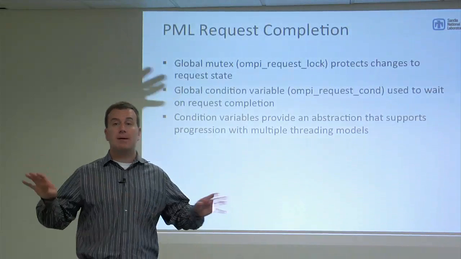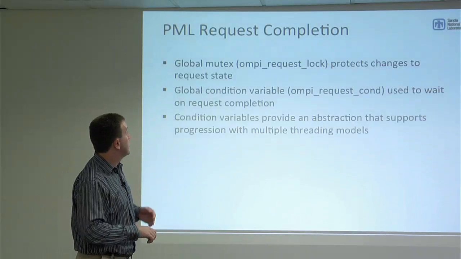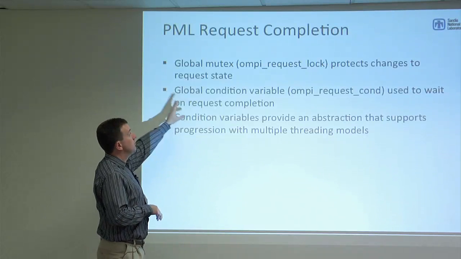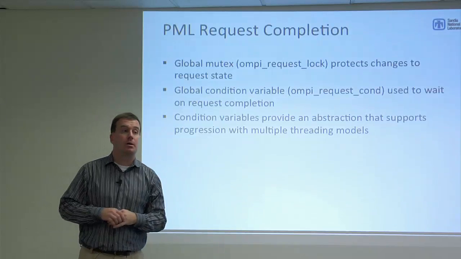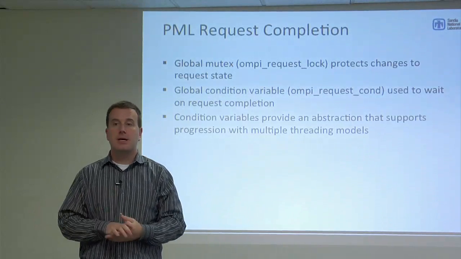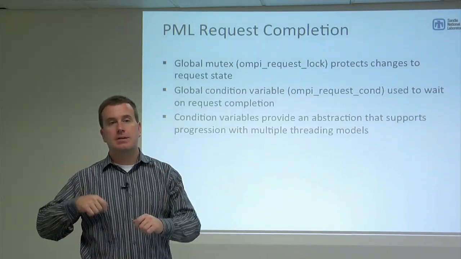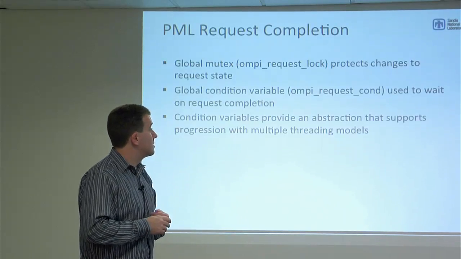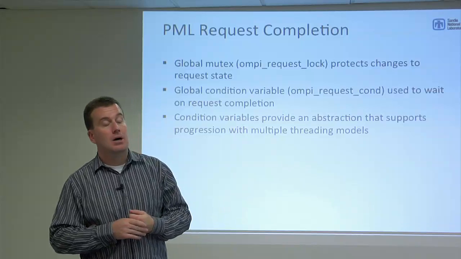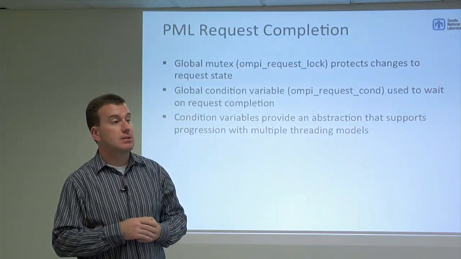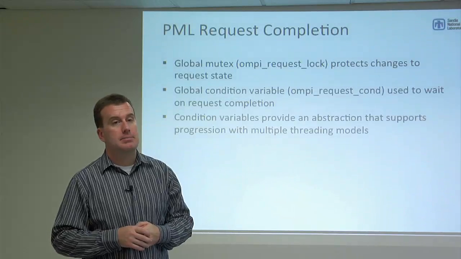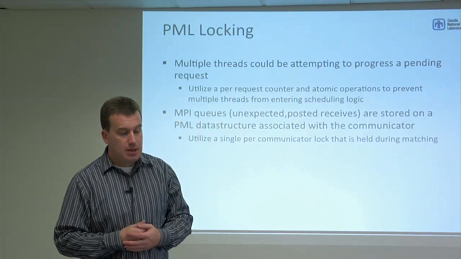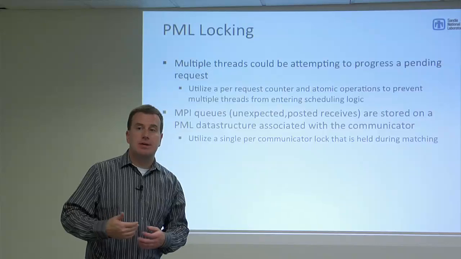So in terms of what happens with threads, places that you have to be careful with threads if you're looking at PML code, the requests have one giant lock around them. And so when you want to complete a request, you have to get the lock, modify the request, release the lock. This is largely so that we can do condition variables and block threads that are calling MPI wait on a request. So in the PML, there's not a lot of places that you have to do locking.